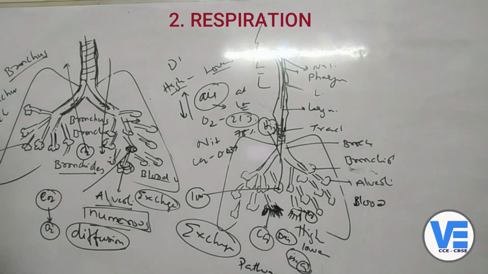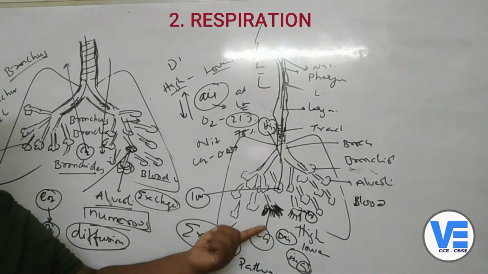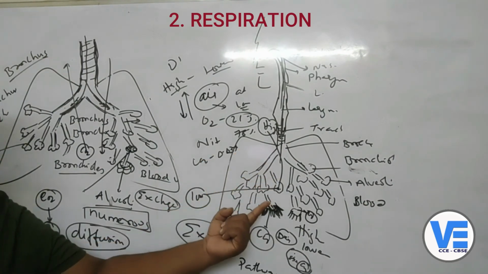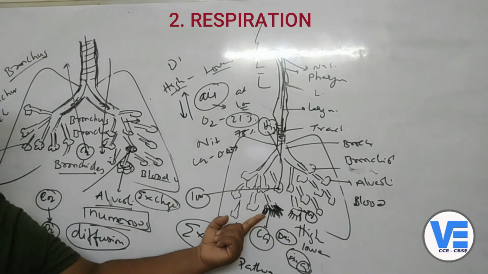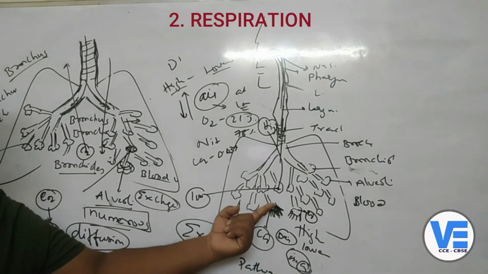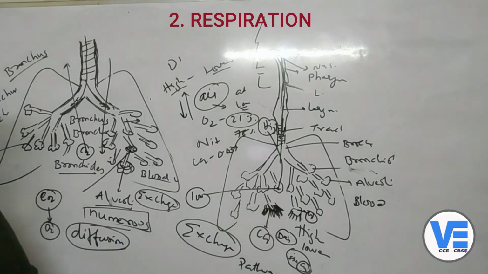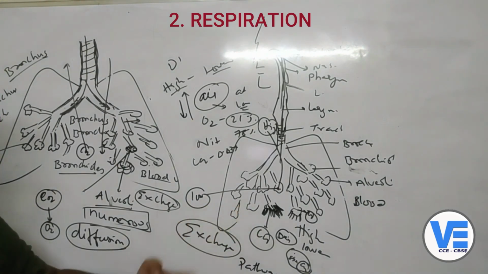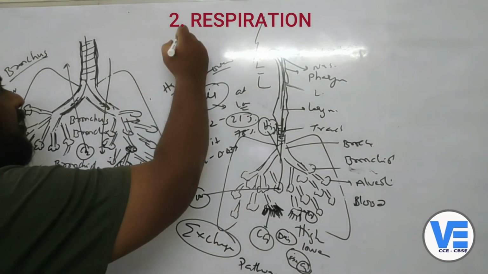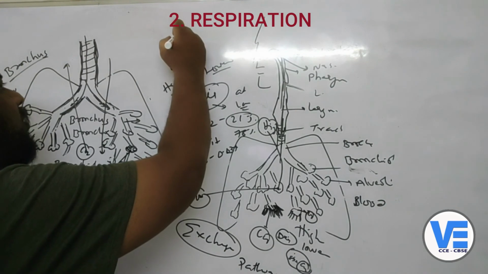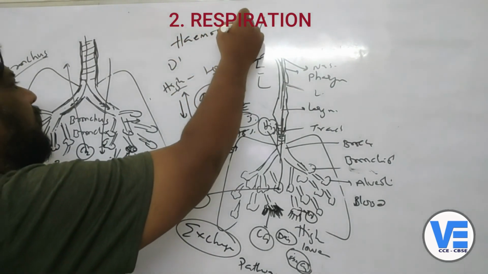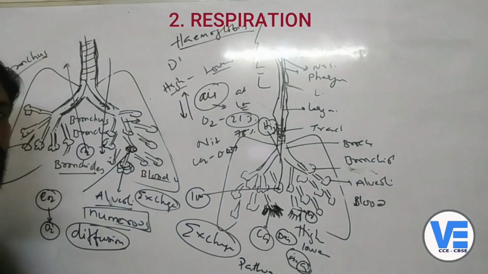The oxygen will enter into the blood and combine with the pigment molecule which is called hemoglobin. Hemoglobin is called the oxygen carrying protein.